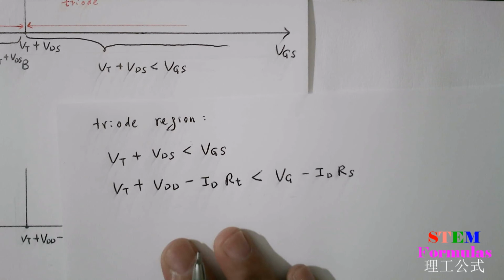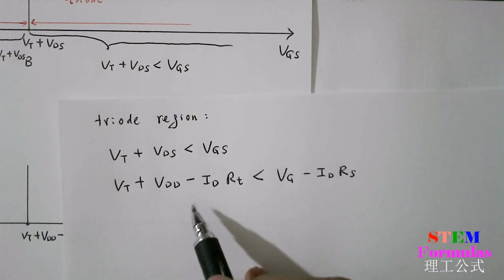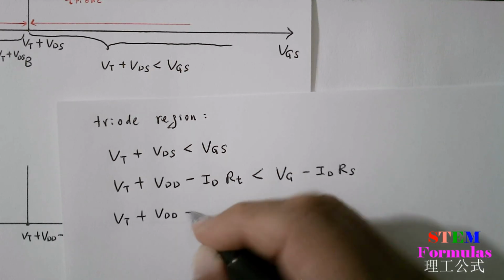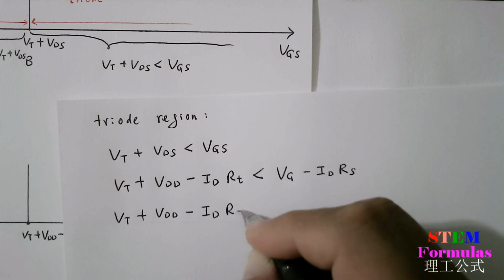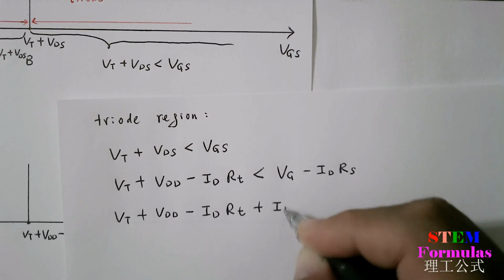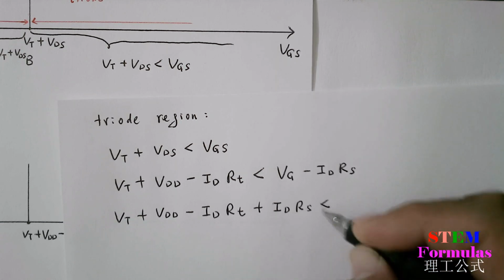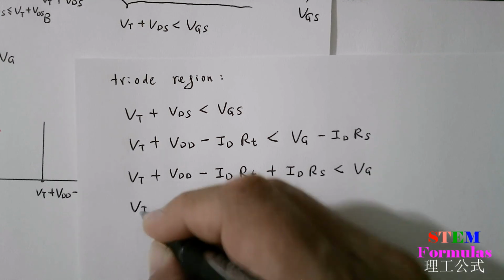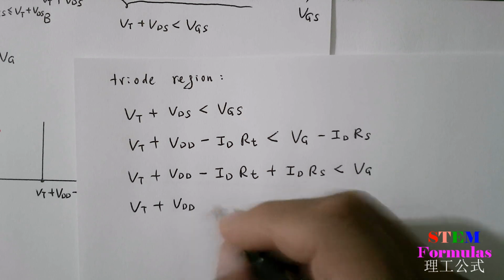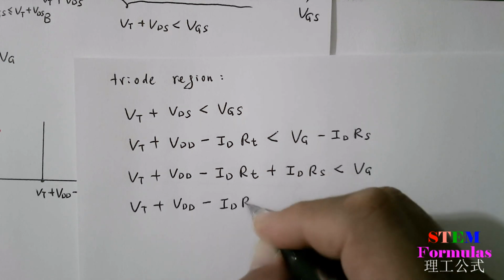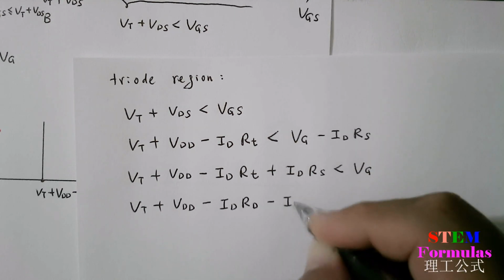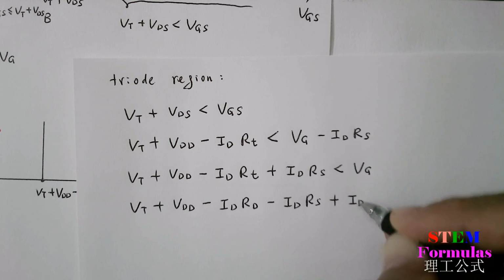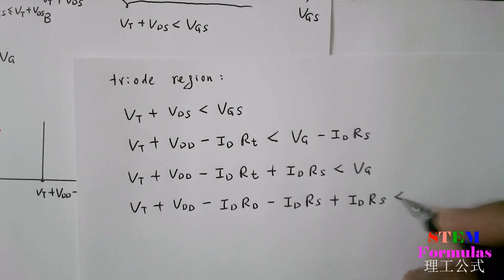So therefore, I move this term to the left side. I have Vt plus Vdd minus Id Rd plus Id Rs smaller than Vg. And therefore Vt plus Vdd minus Id Rd minus Id Rs plus Id Rs smaller than Vg.